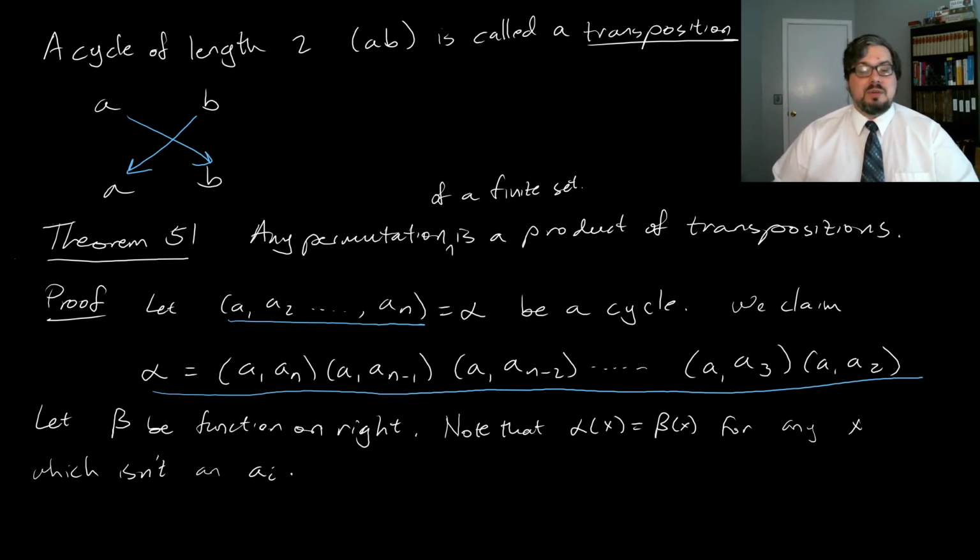So now let's look at what happens to the Ai's under alpha and under beta. We're going to handle this slightly differently for A1 and AN and for all the ones in between.